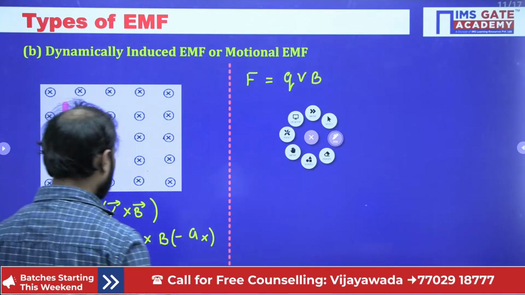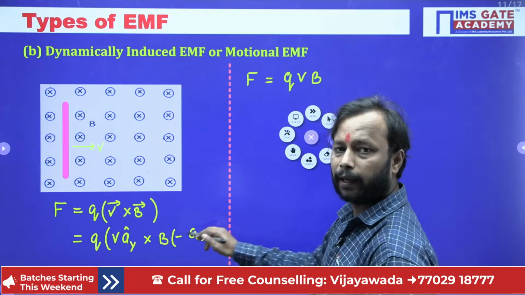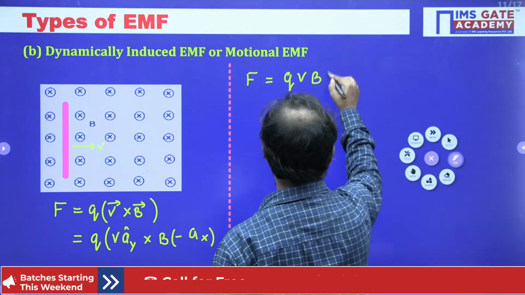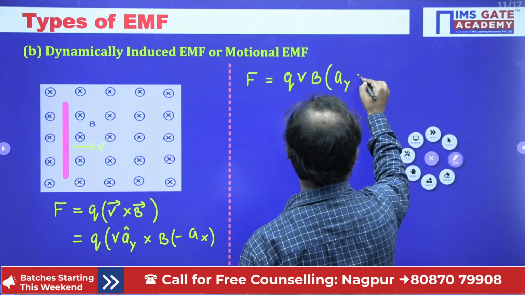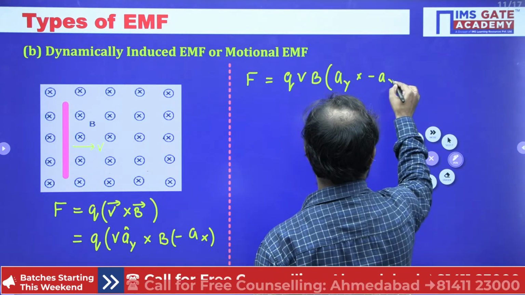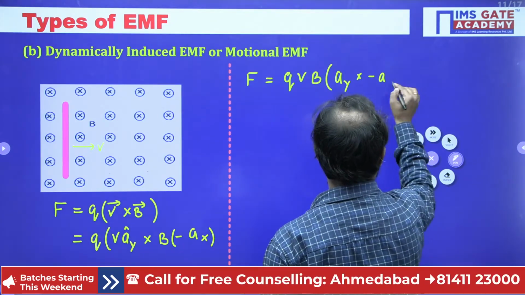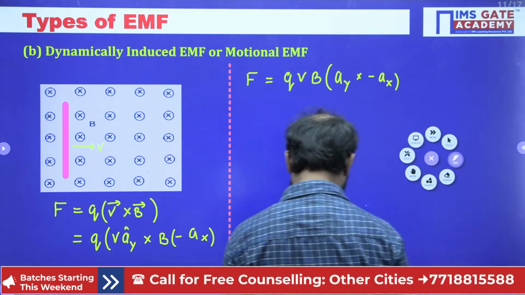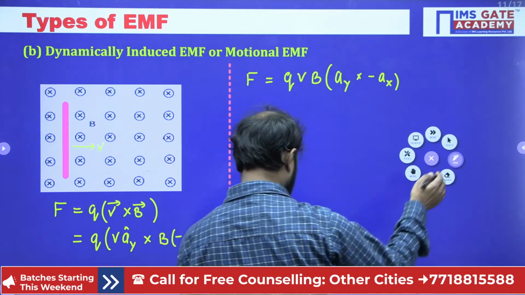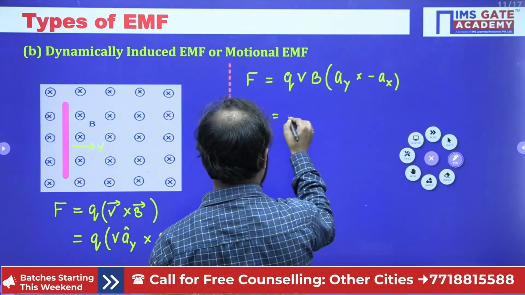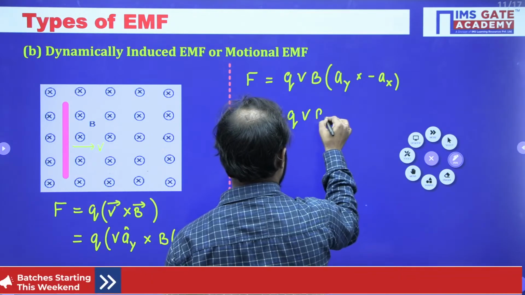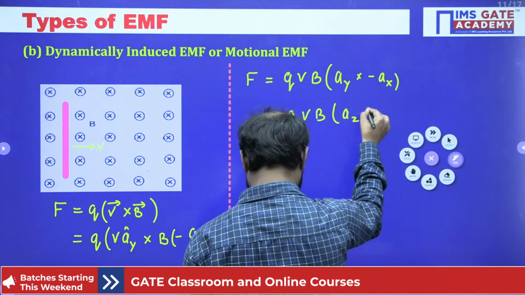So AY cross minus AX, this is AY cross minus AX. So AY cross minus AX will be AZ. So the force is Q V B AZ.